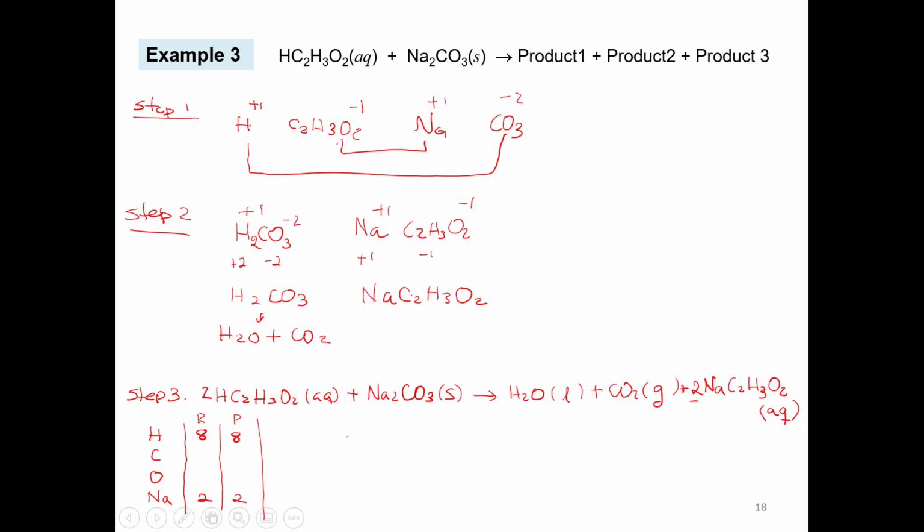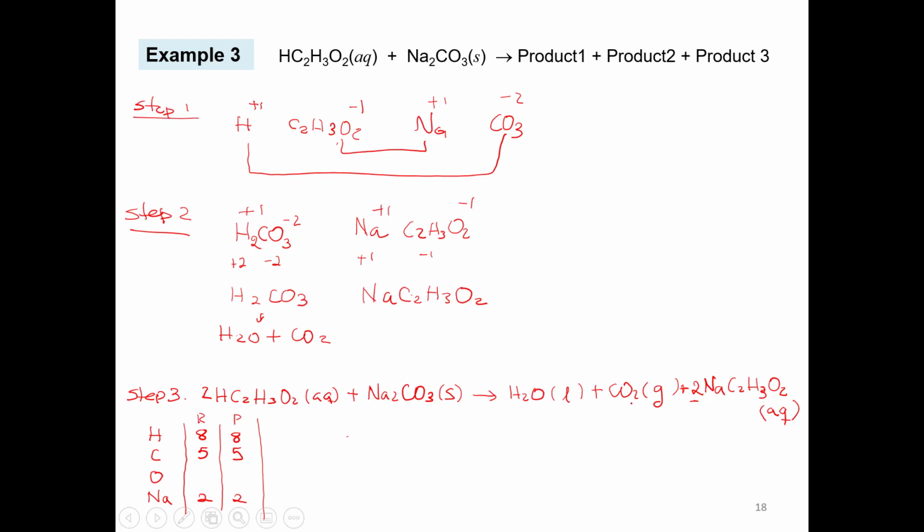And then we will take care of the other elements. Now we had 4 carbons here, plus 1 is 5. Yes, 2 times 2 is 4, plus 1 is 5. Let's see how many we had on the other side. We had 1 here, but 2 plus 2 is 4, plus 1 is 5. We had 5 and 5. Then no problem with carbon. Now oxygen. We had 2 times 2 is 4 oxygens, plus 3, we had 7. Now let's check on the other side of the equation.